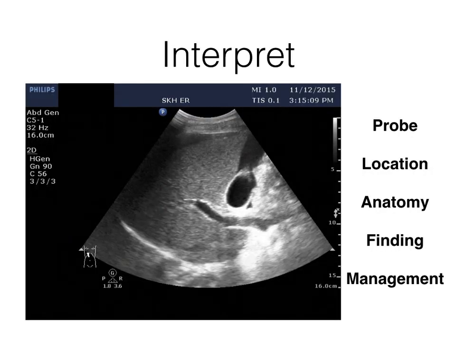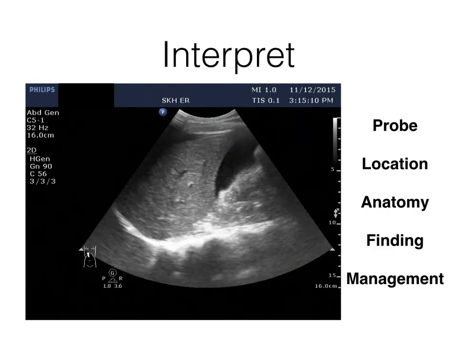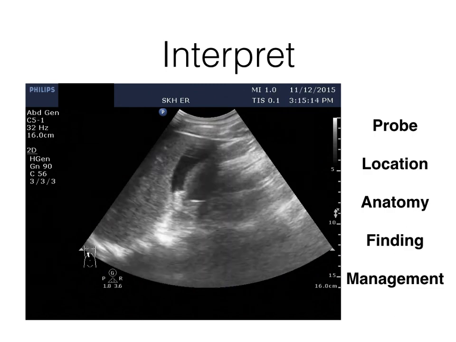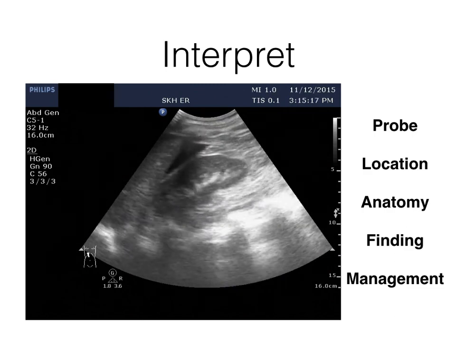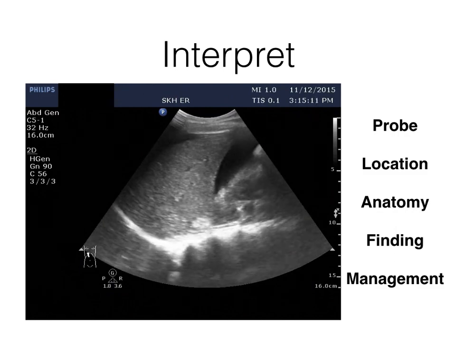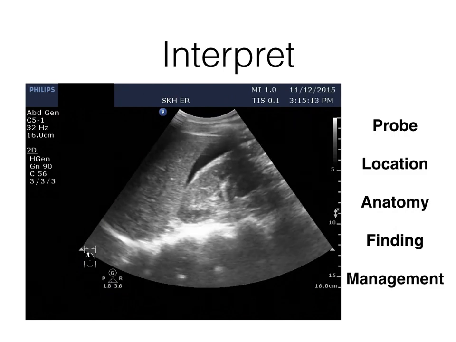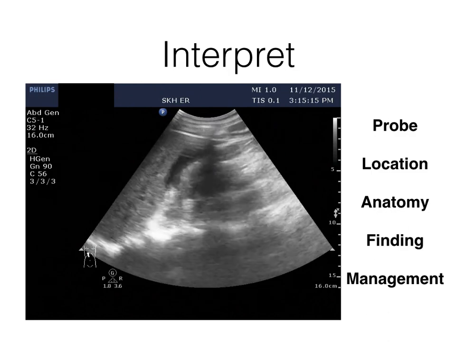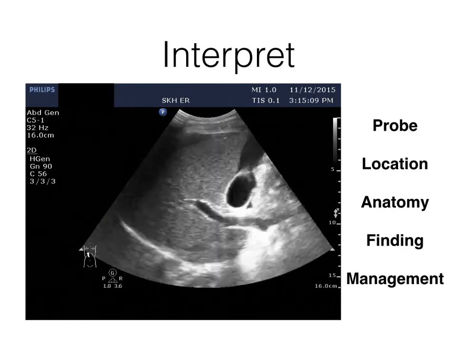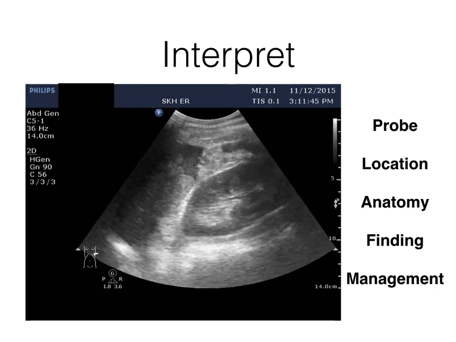An older one, but a trauma case. What do you see? Where is the location? Right upper quadrant, Morrison's pouch. What do you see? Free fluid. How about the content? The content looks anechoic at this part, right? Okay.